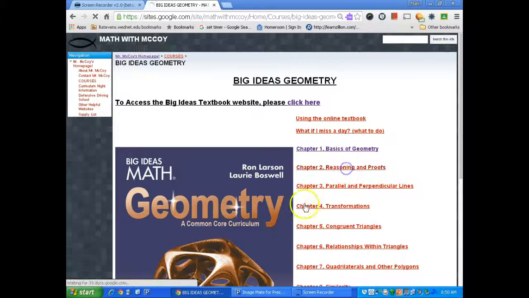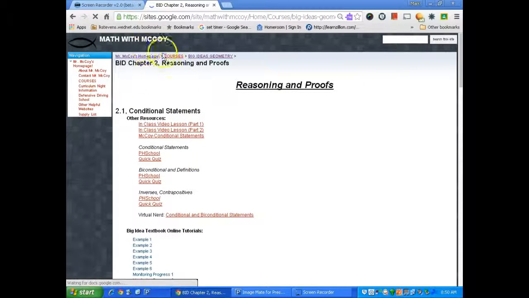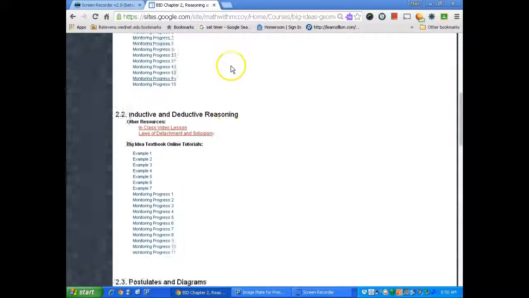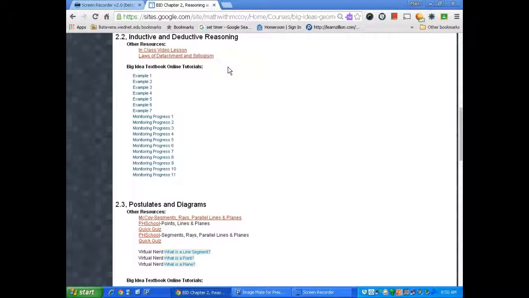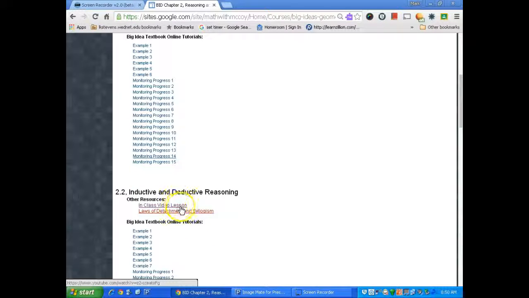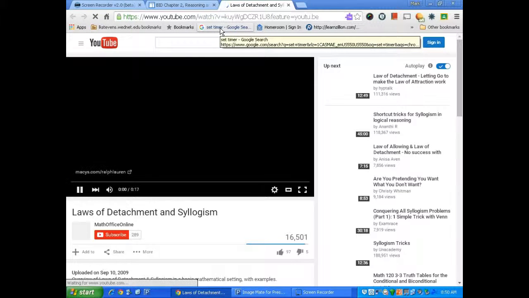But I am going to show it right now just so that you recognize when you get home, there are all these other resources available to you. We're in 2.2 right now. When you go here, notice I have yesterday's lesson. I'll put today's lesson in there, but then I attach something else with laws of detachment. Hopefully, let's see if I can get the sound up on this.